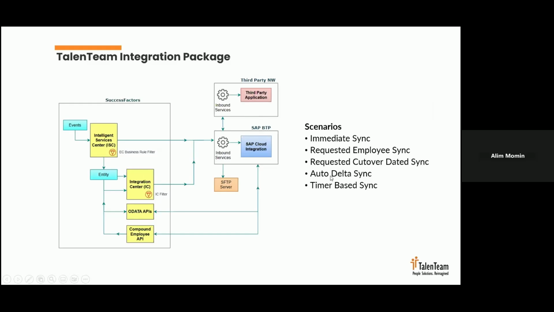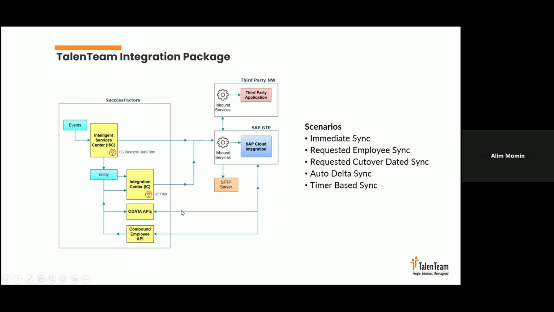Auto delta sync. This is more like the control is not with the third party. The control is totally in SAP Cloud Integration. There will be a timer-based execution of the integration in SAP Cloud Integration, and it will collect data from SuccessFactors.